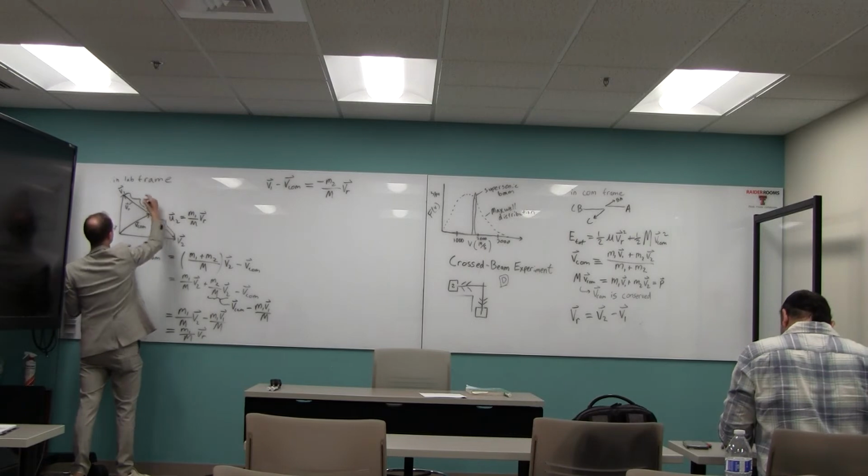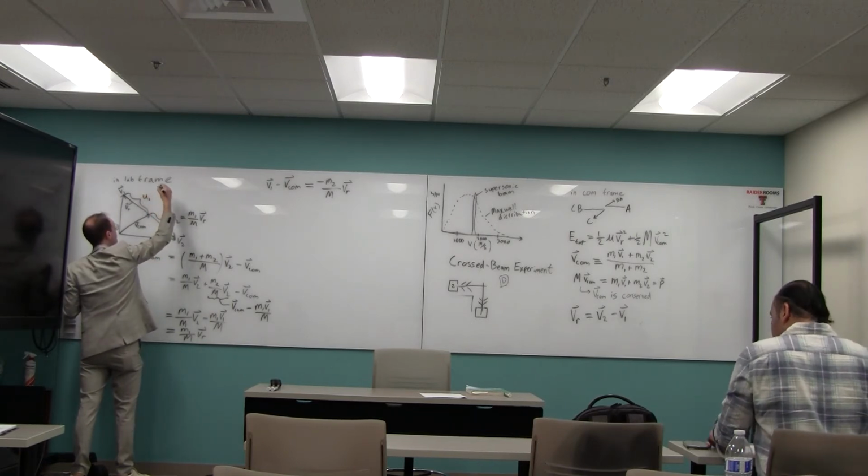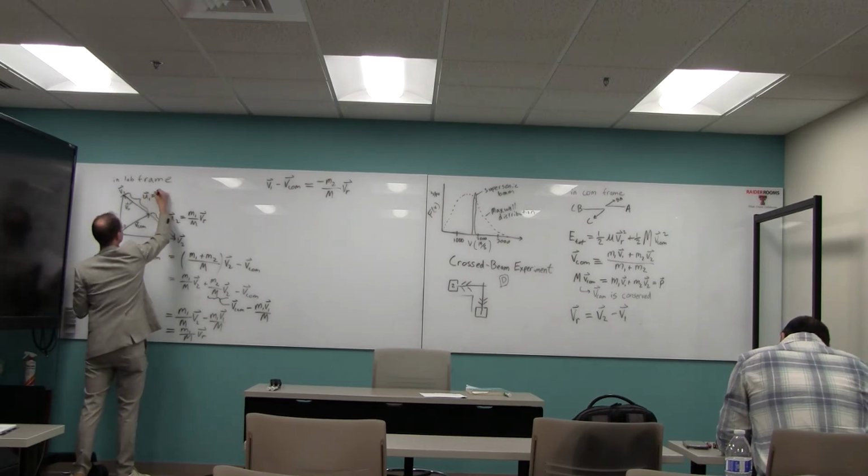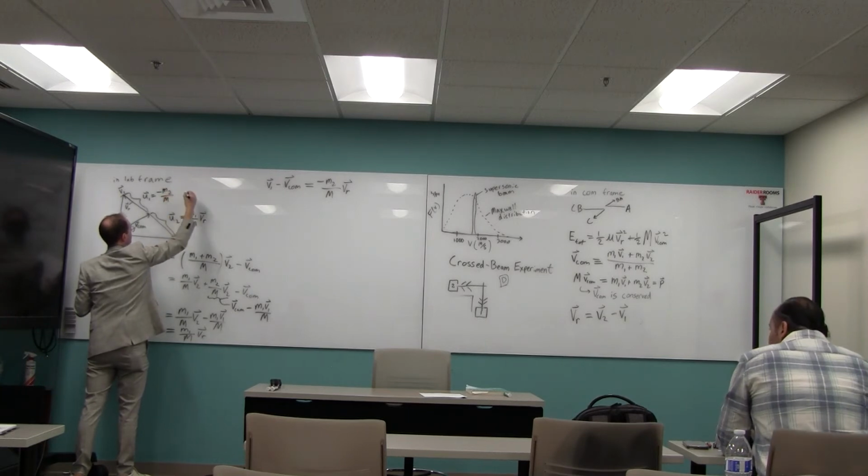And the component of relative velocity that's attributable to particle 1 is just minus M2 over M times VR.